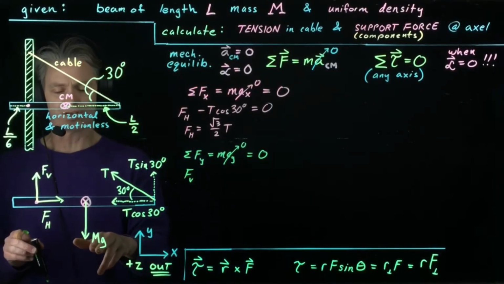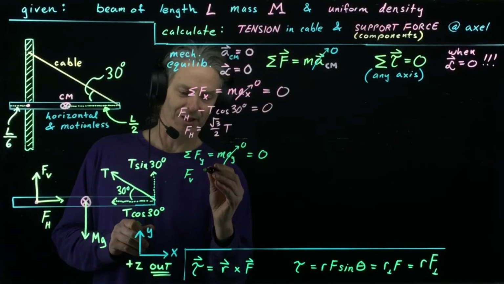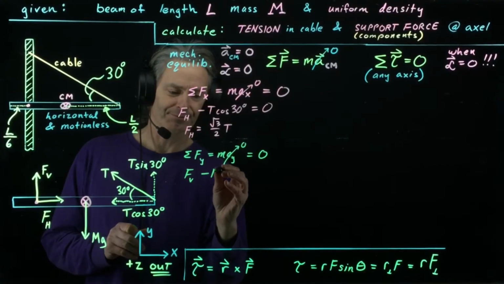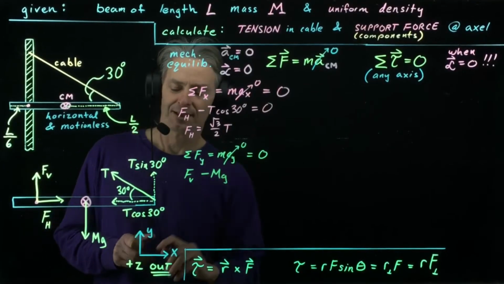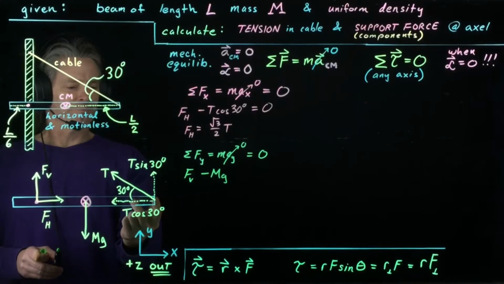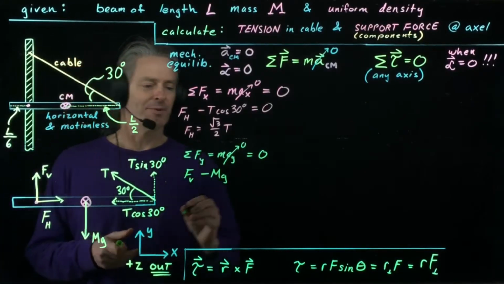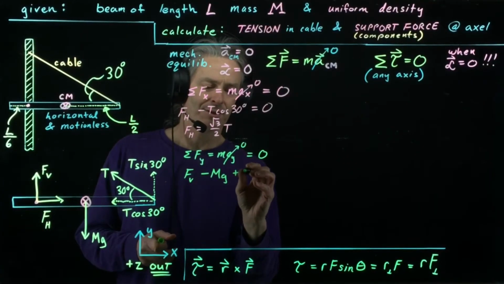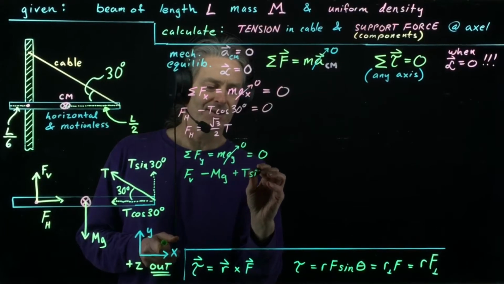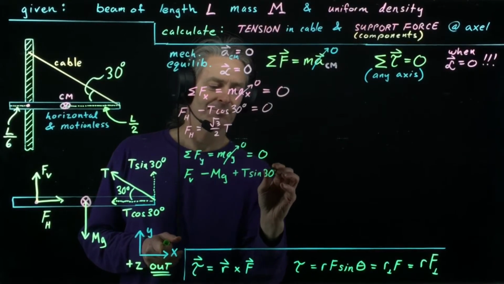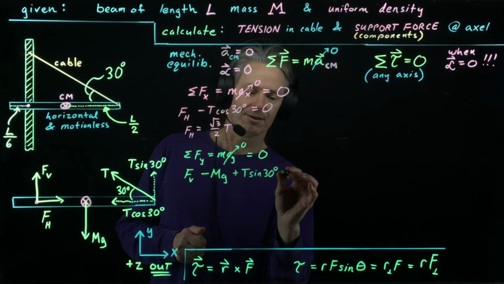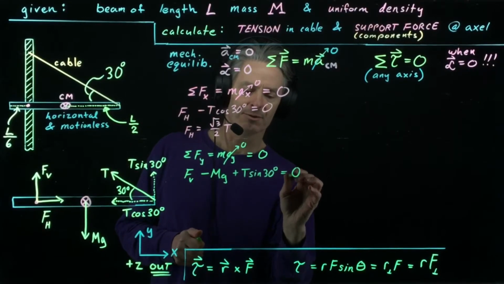We've got mg in the negative y direction, so plus a negative mg. And we've got a T sine 30 degrees in the positive y direction. And that is it. And all those components together equal 0.